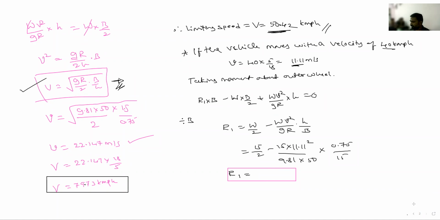How much is it? No, 5.61. Is it correct? 15 divided by 2, 15 into 11.1 squared divided by 9.81 into 0.75. Let's check it. 7.31. Yes, 7.7. No.